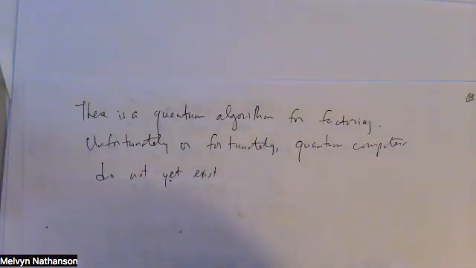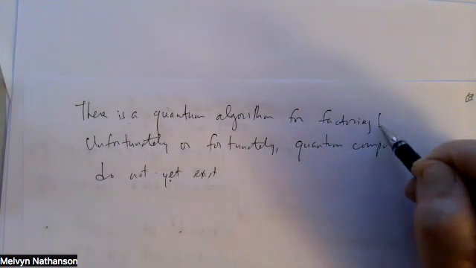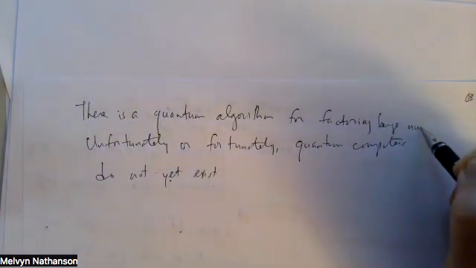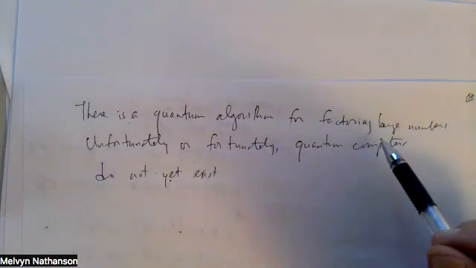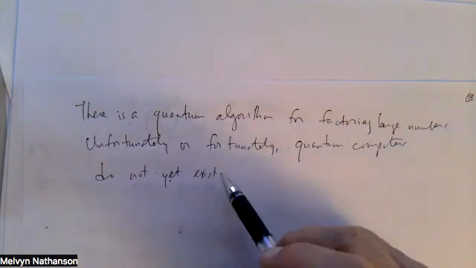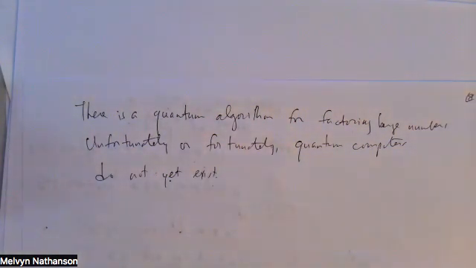So there is a quantum algorithm for factoring large numbers. Unfortunately or fortunately, quantum computers do not yet exist. A huge amount of money and research time and intellectual effort are going into trying to design, engineer, build quantum computers.